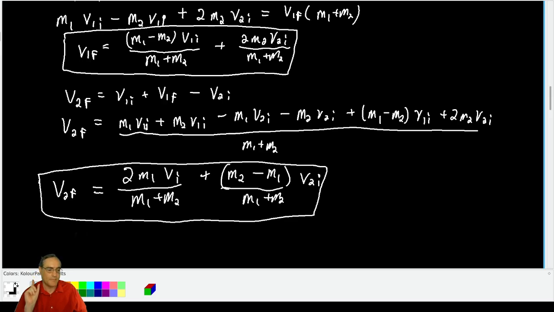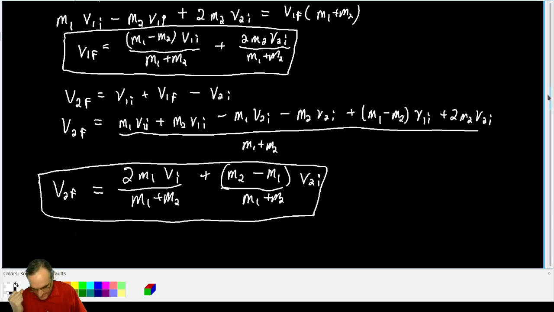Oh, I take it back. We're going to go to 15 on this one. There are some cool observations we can make from this. What happens if the masses are equal? If the masses are equal, you may start with a v1 final and a v1 initial and a v2 initial, but the v1 initial doesn't contribute at all to the v1 final, and only the v2 does.